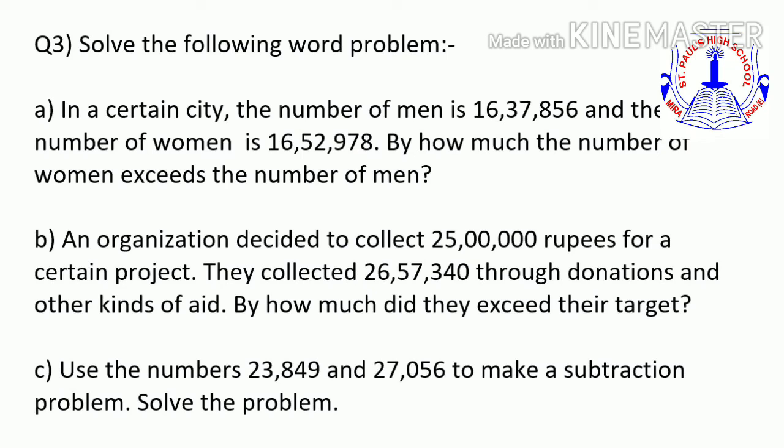B. An organization decided to collect 25 lakh rupees for a certain project. They collected 26,57,340 through donations and other kinds of aid. By how much did they exceed their target?